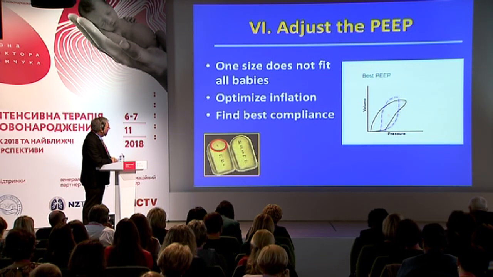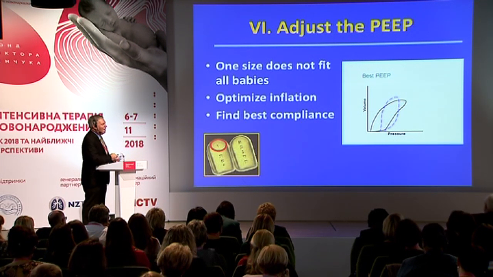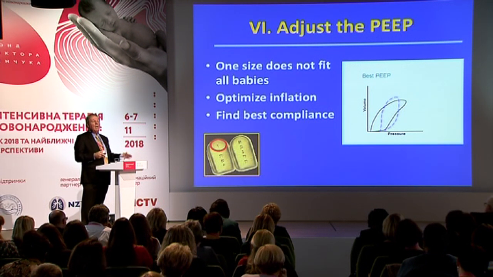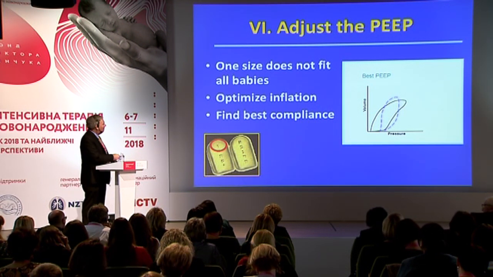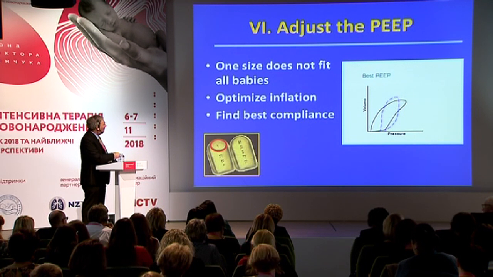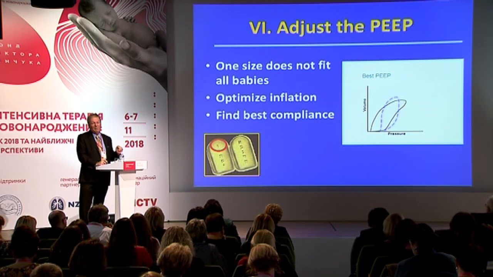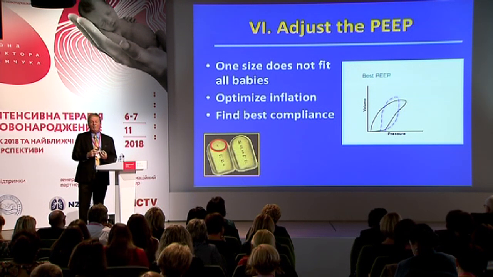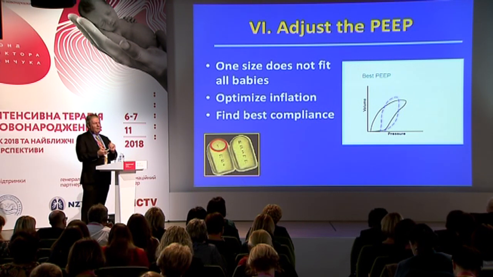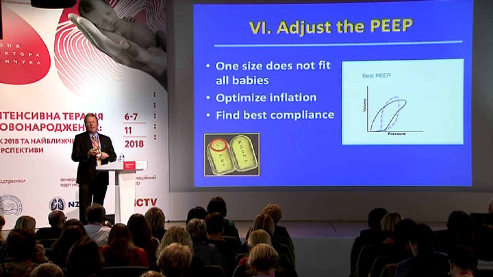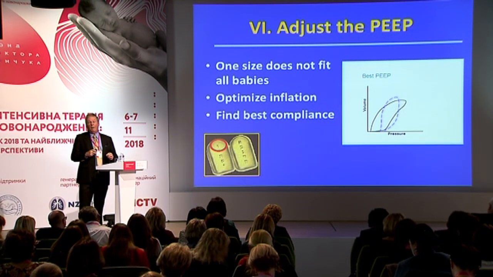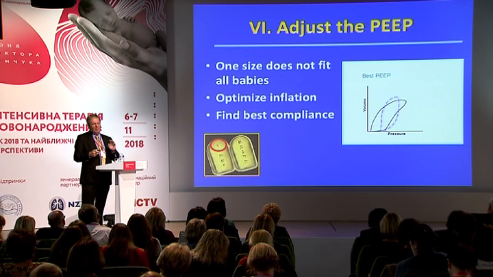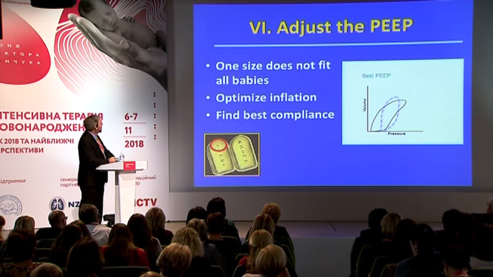We have a higher compliance. We're getting much more volume delivery at a much lower pressure. This breath is being ventilated at the FRC, as I showed you earlier. So yes, it's a process of elimination, but your ventilator and your graphics can guide your selection of the optimal PEEP for that particular baby.